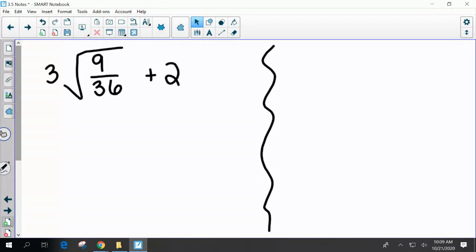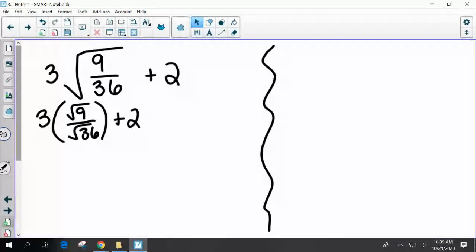So we're going to, again, separate our square roots. So I'm going to put 3 times parentheses, square root of 9 over square root of 36, parentheses, plus 2. So then I need to calculate that. So I need to take my square root of 9, so 3 times parentheses, what's the square root of 9? 3 over the square root of 36 is 6 plus 2.